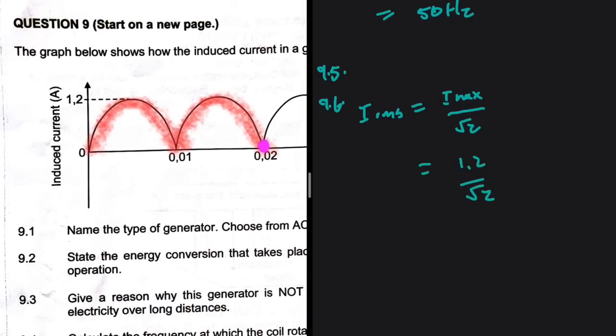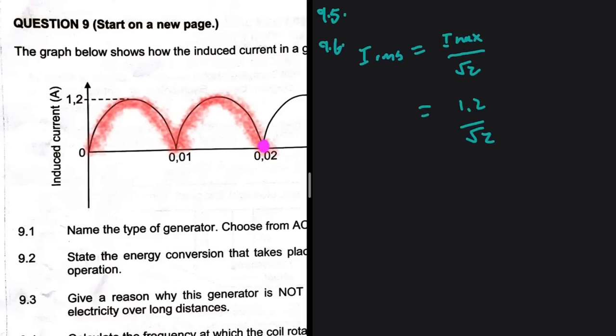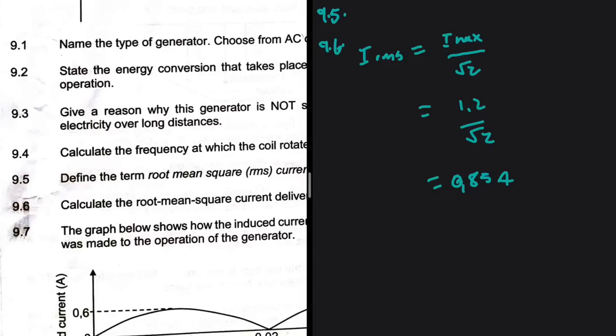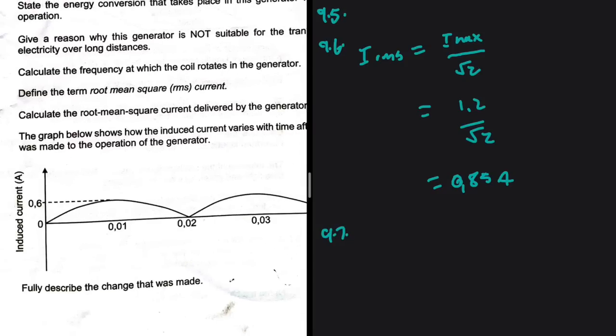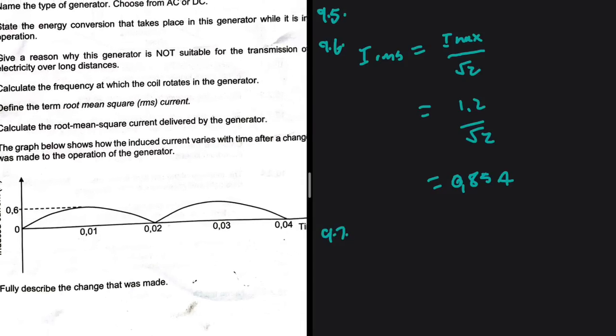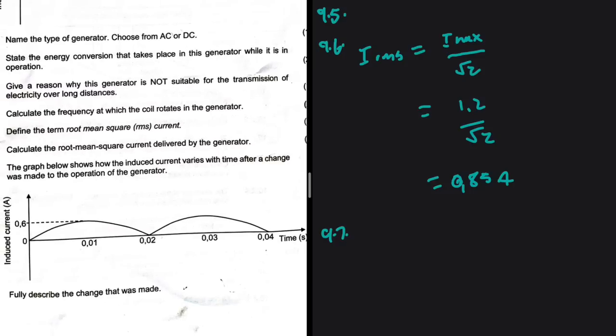So let me just put that in my calculator. I'm getting 0.85 ampere. 9.6. What about 9.7? The graph below shows how the induced current varies with time after a change was made to the operation of the generator.